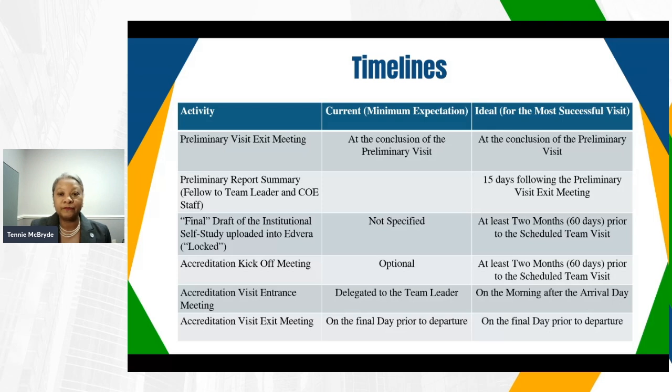The fellow will provide observations of the preliminary visit to the chief administrator or designee, COE liaison, and the team leader. This is also the meeting where there's a transfer of knowledge, if you will, or a soft handoff between the fellow and the team leader. Essentially, a collaborative, seamless transition of knowledge from the fellow to the team leader would be established. The team leader will discuss the logistics for the reaffirmation visit with the chief administrator or designee.